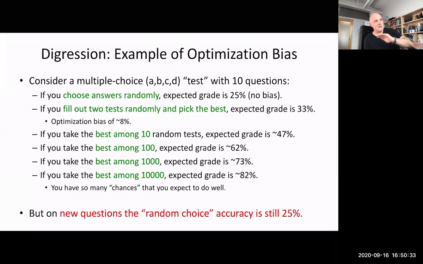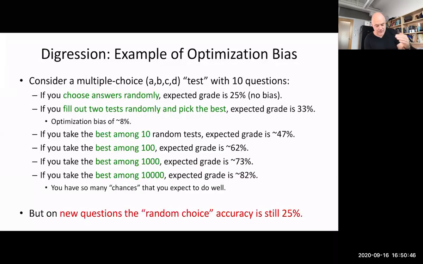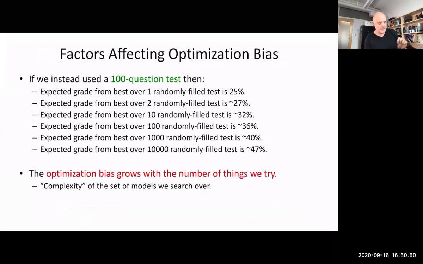But then if you use the same system on new questions, the random choice accuracy is still 25%, right? Okay. If instead we go from a 10 question test to a 100 question test, then the optimization bias still grows with the number of things we try, right?